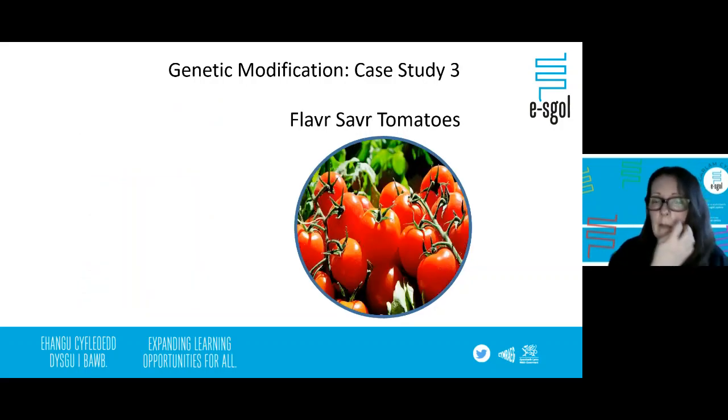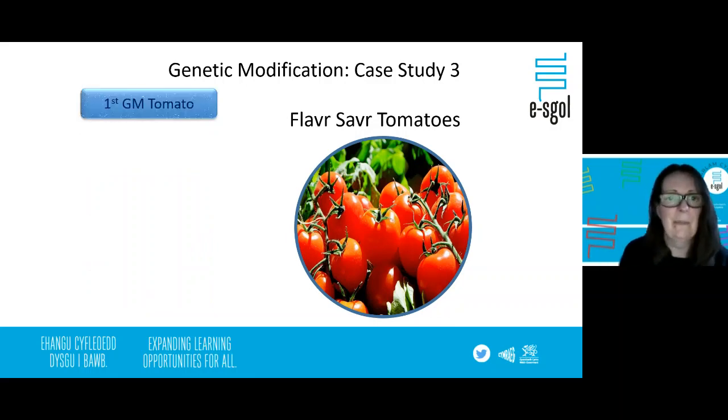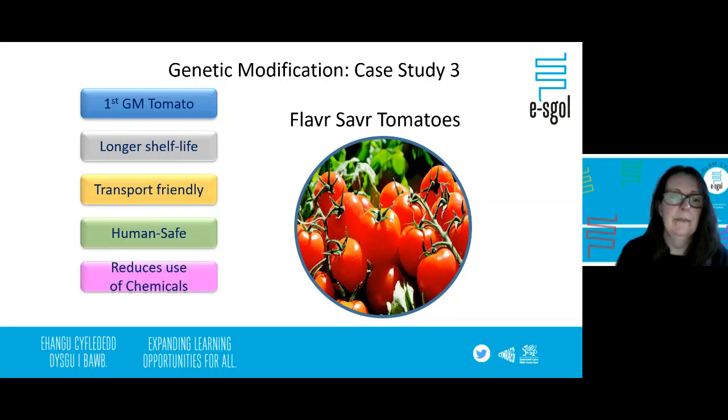Our third example here is the Flavr Savr tomato, which was the first genetically modified tomato that was produced. It was altered so that it had a longer shelf life, and it was developed so that it could be transported very easily, and it didn't get bruised or damaged by transporting it over a longer distance.